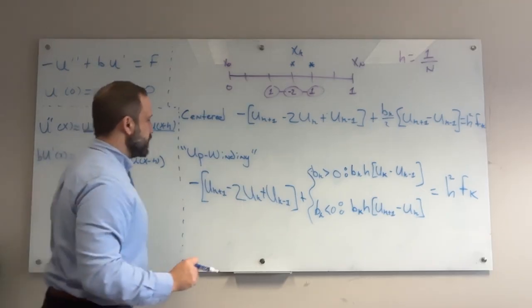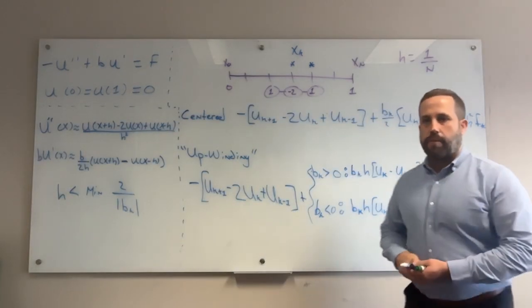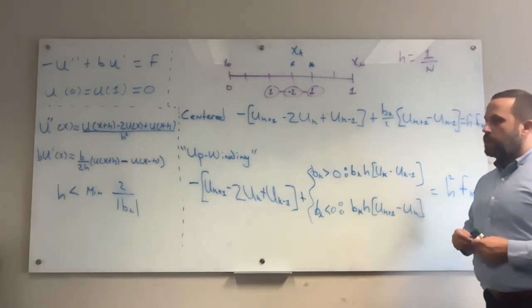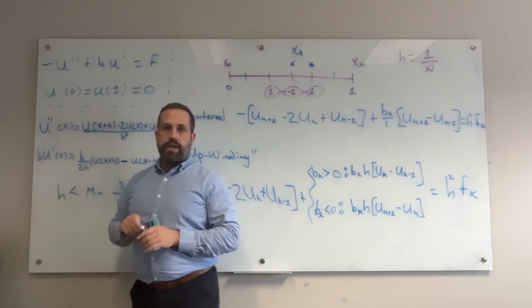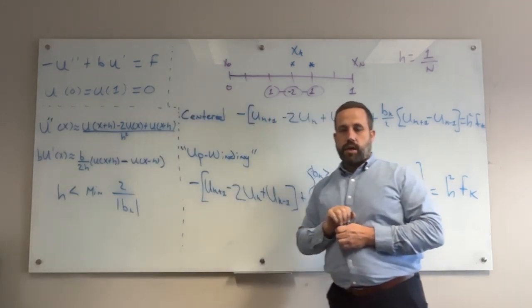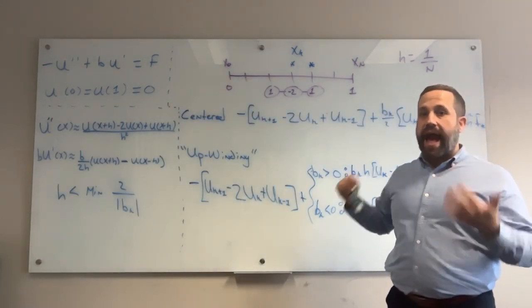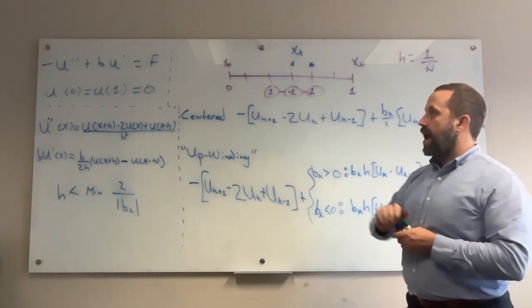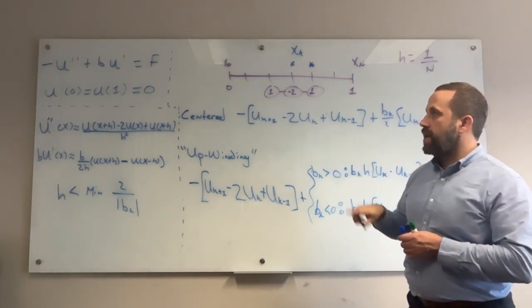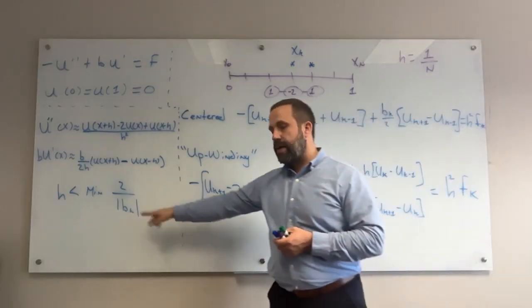And if this is satisfied, then we'll have the properties that we want to have satisfied as well. And again, for this analysis to work, the coefficient on u double prime needs to be equal to 1. So if in the equation we have the coefficient is 1/10, then we have to multiply all of this by 10, and now our new b is going to be 10 times our old b, and now h has to be even smaller.